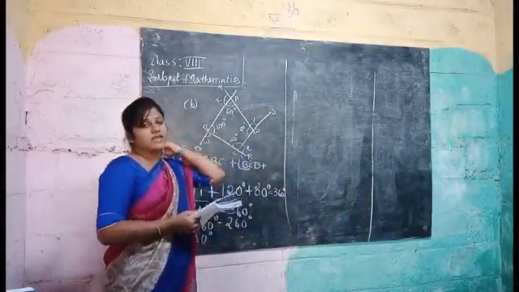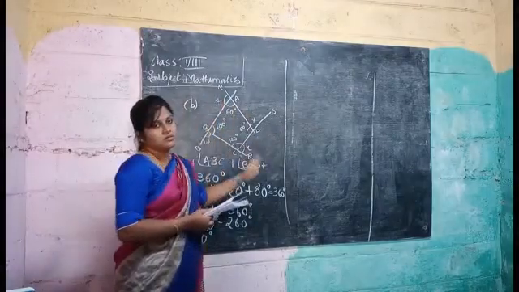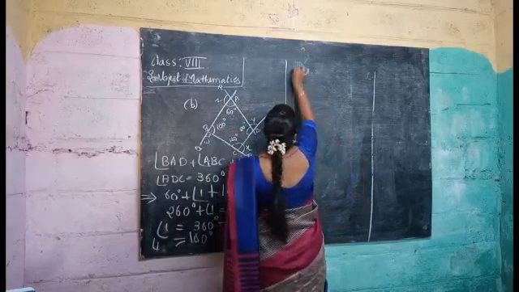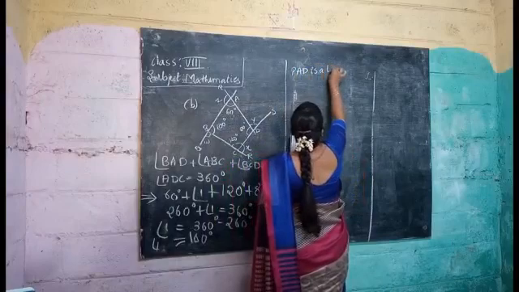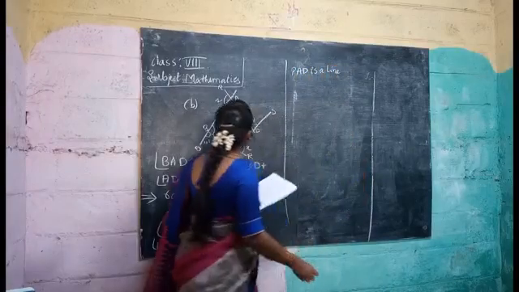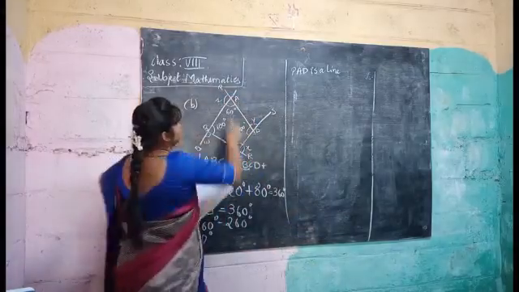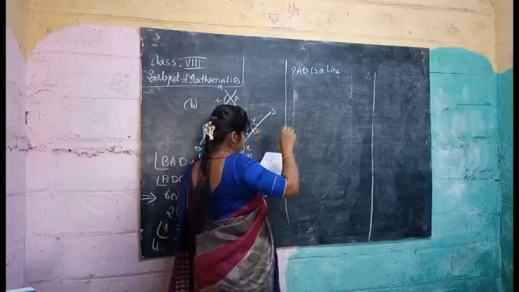We have to take one line and find the value of each exterior side. So I am taking the first line, that is the PAD line. Where is PAD? I am taking this line. In this line we have a y.